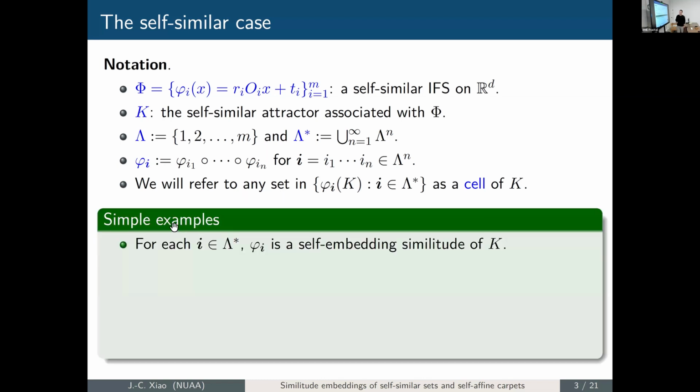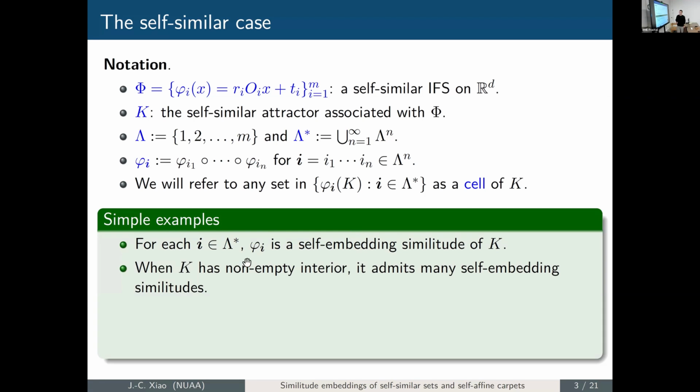Here, let me introduce some simple examples of self-embedding similitudes of a self-similar set. For example, the very trivial one is just phi sub i, which sends K into exactly a cell of itself.